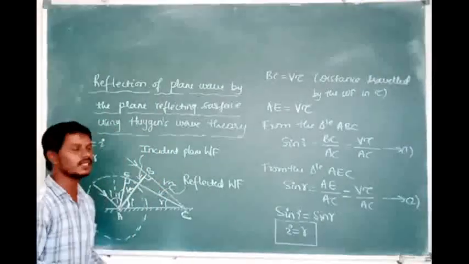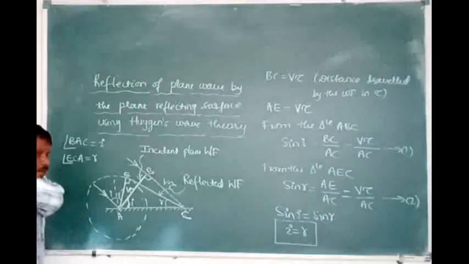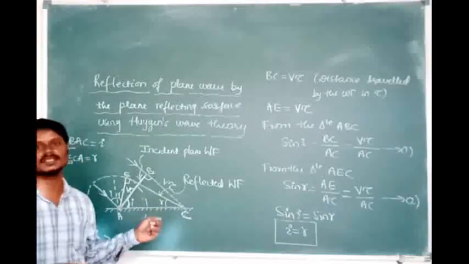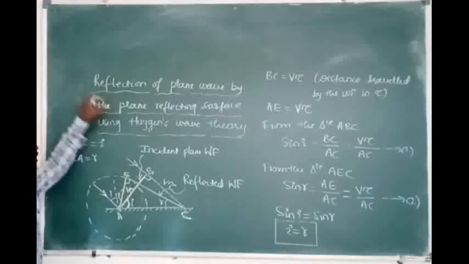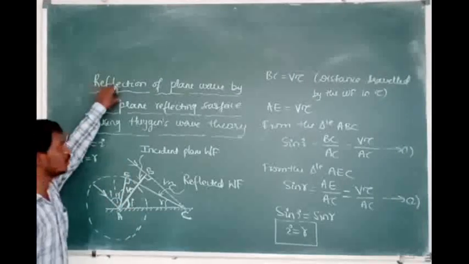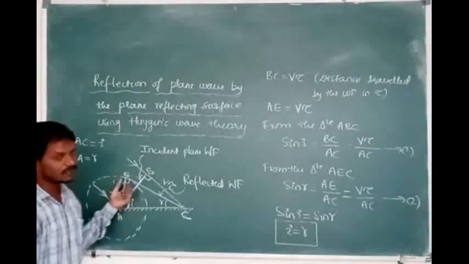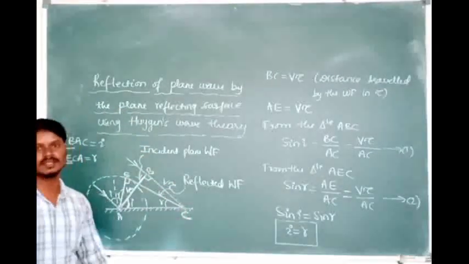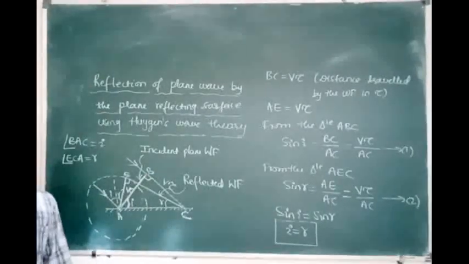Hence, the plane waves also obey the law of reflection of light. What is the law of reflection of light? The angle of incidence is equal to the angle of reflection. So this is about the reflection of a plane wave by a plane reflecting surface using the Huygens wave theory. Not only rays, waves also obey the law of reflection of light.